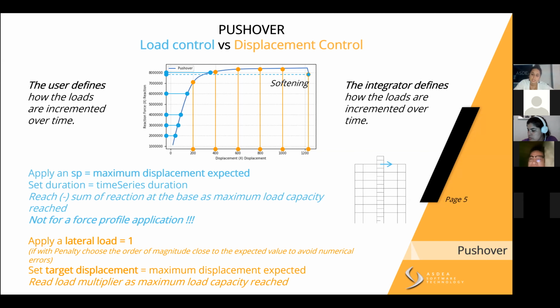What you're actually defining is just a target displacement that you want your structure to reach, or you expect your structure to reach. So in load control, you assign a load, and then increment that load for the duration of the time series that you want.